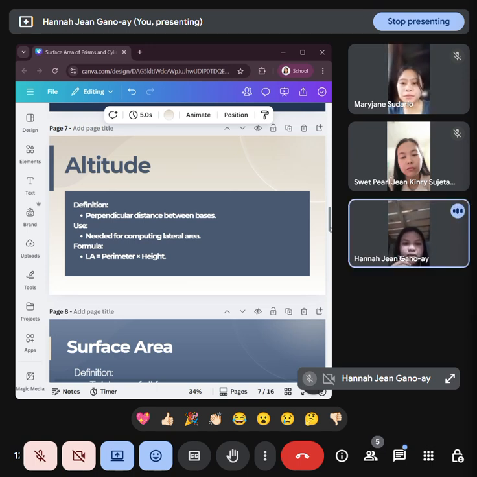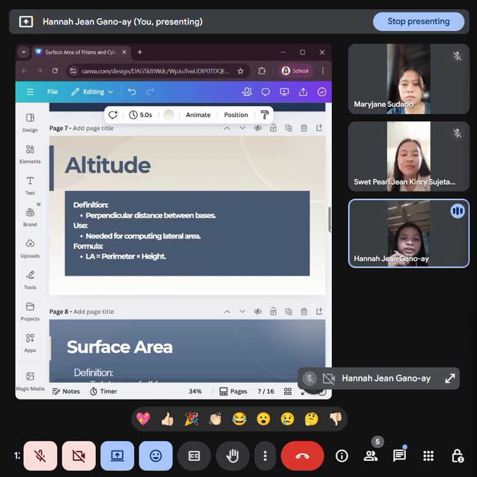Next is the altitude. The altitude of a prism is simply its height, the perpendicular distance between the two bases. This is important because the height is always measured straight up and down, not along a slanted edge. In right prisms, the altitude is the same as the lateral edge, but in an oblique prism, the lateral edge is slanted, so the altitude is shorter.